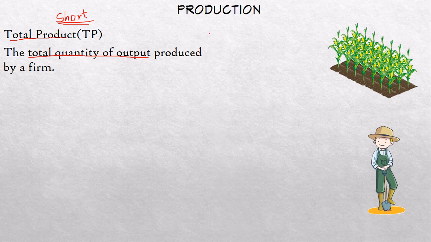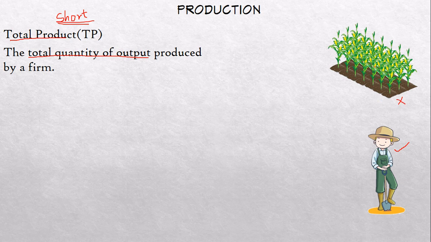In this case, I am going to assume that this land over here is my capital. So I assume that the land is fixed and my labor, this labor over here, is the variable. This can change, but this land is fixed.